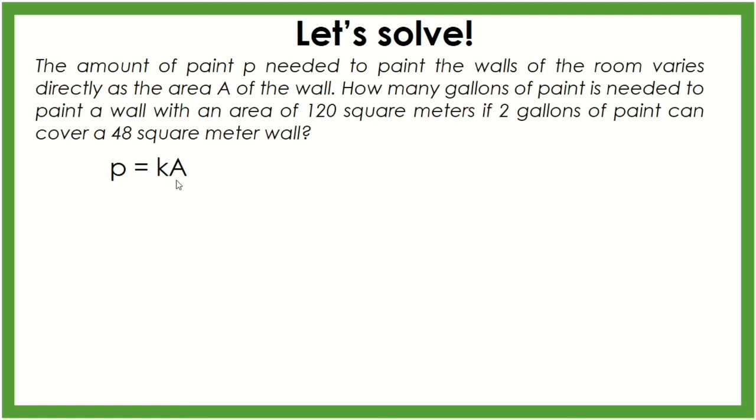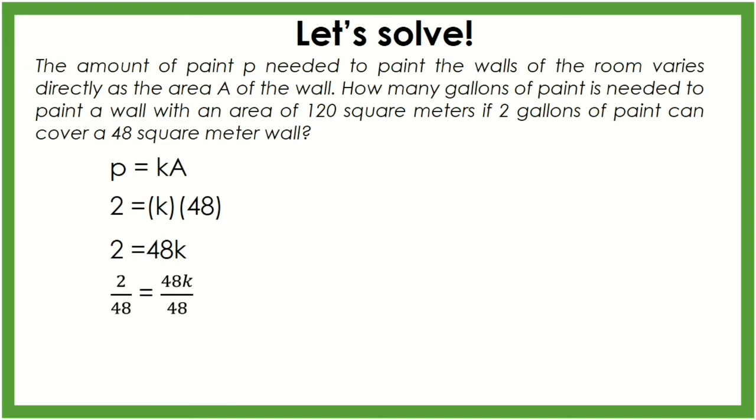So, K times A. Then, substitute natin yung given. Okay, yung 2 gallons of paint at saka yung 48 square meter wall. So, ang paint natin is P is 2. Ang area is 48. So, we have 2 equals 48K.